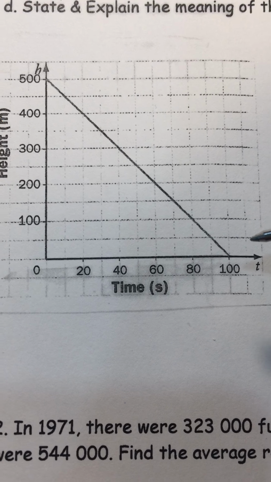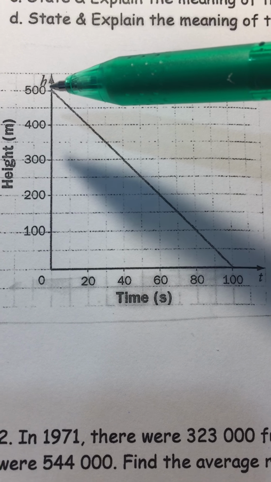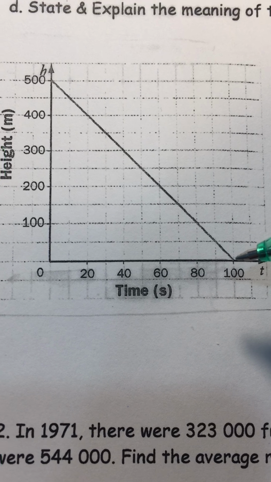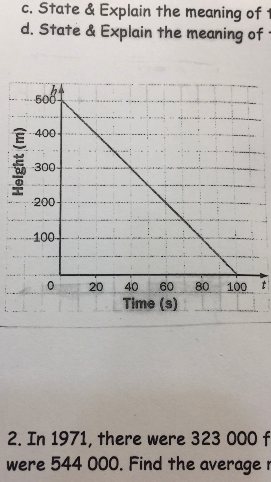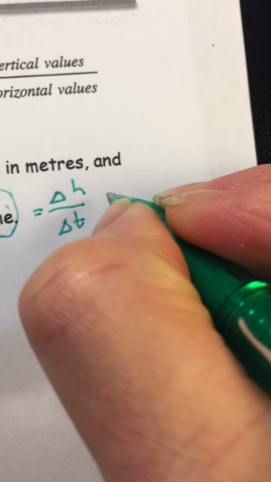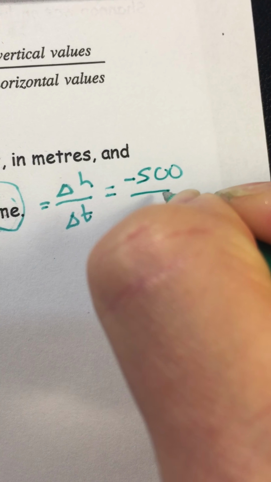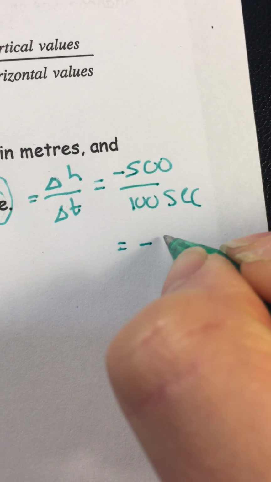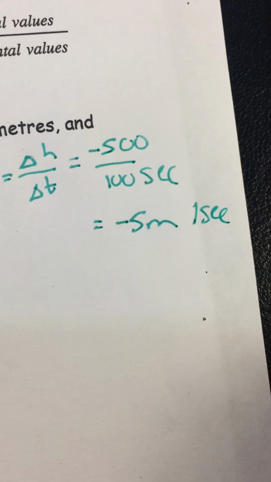So I know that the parachutist started at 500 meters high and landed on the ground, at a height of 0 after 100 seconds. So I don't even really have to subtract using that one. It's pretty easy to see that this guy went down 500 meters in 100 seconds. And so that's negative 5 meters per second.